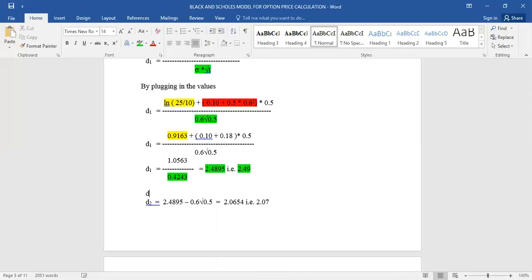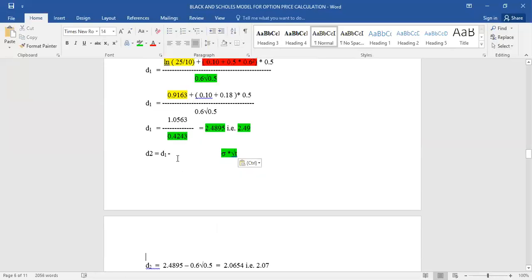D2 equals D1 minus sigma root T. So we calculate the second step of the BS model, D2.